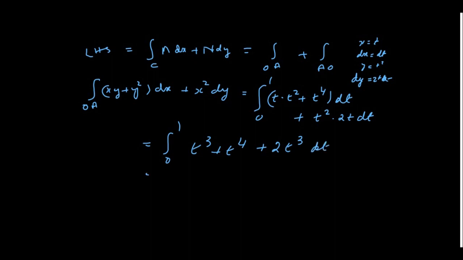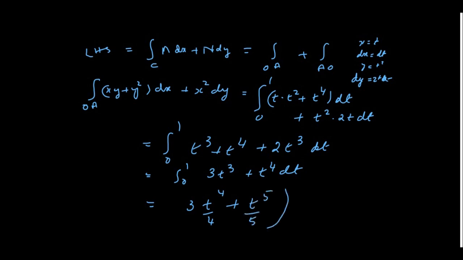Equal to the integral from 0 to 1 of 3t cubed plus t raised to 4 dt. So let's integrate: 3t raised to 4 by 4, plus t raised to 5 by 5, within the limit 0 to 1.